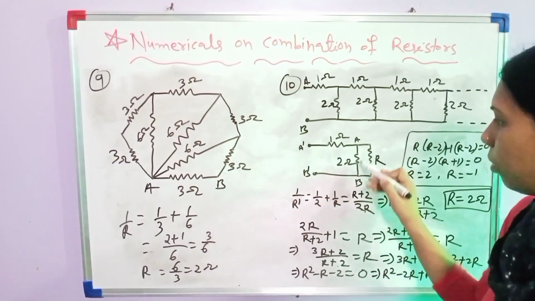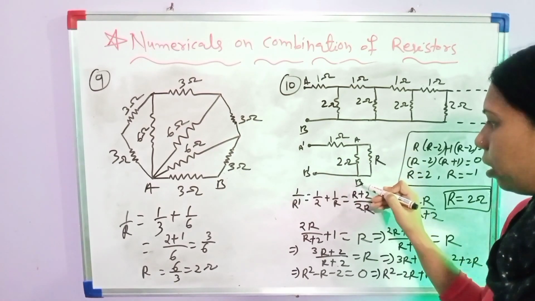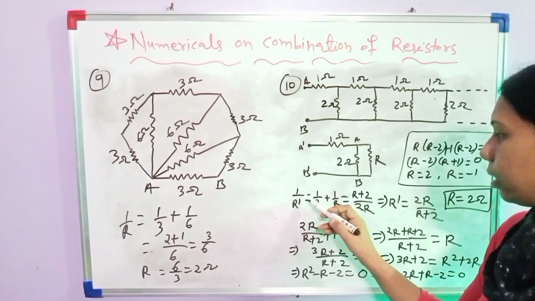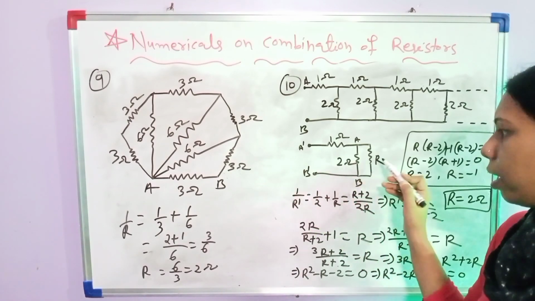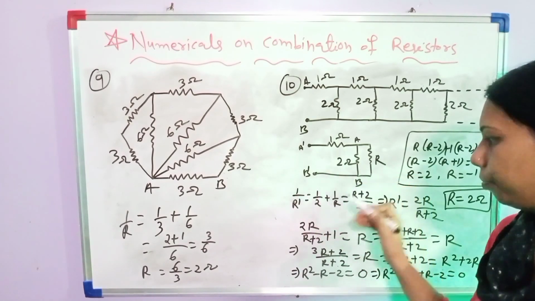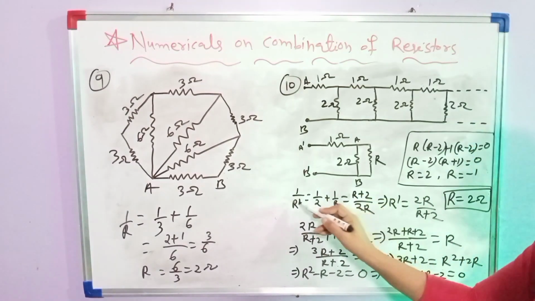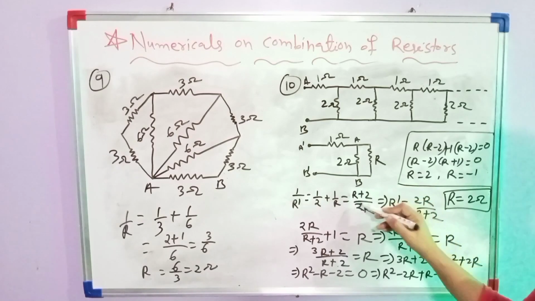Now the equivalent resistance between A and B is R dash. So R dash is the equivalent of 2 ohm and R in parallel. So 1 upon R dash equals 1 upon 2 plus 1 upon R. So R dash equals 2R upon R plus 2.